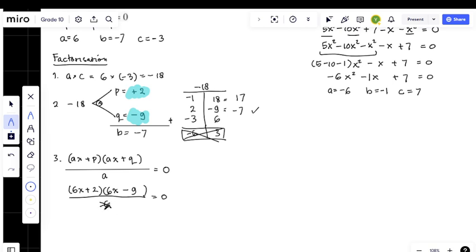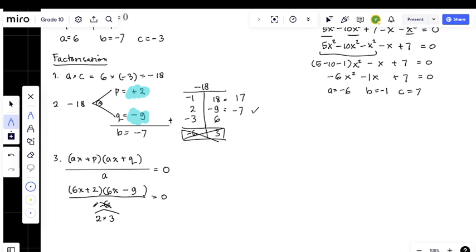ya, the 6 should be split. Ya, kita pecah 6 itu berapa kali berapa, ya, we have to find multiplications that produce 6. Jadi kan kita dapatkan 2 kali 3.